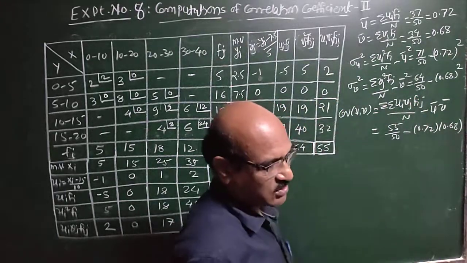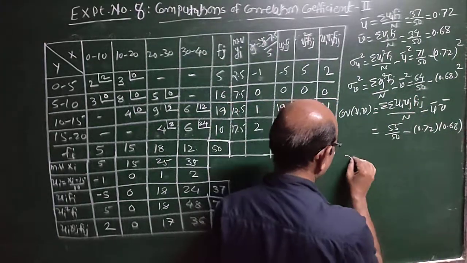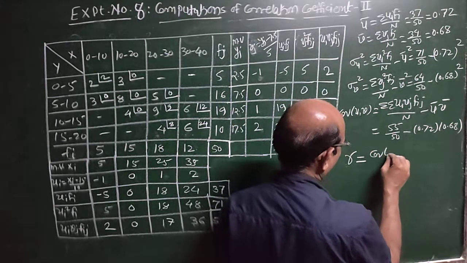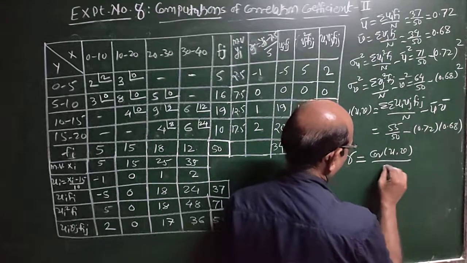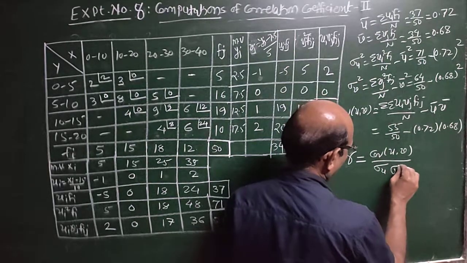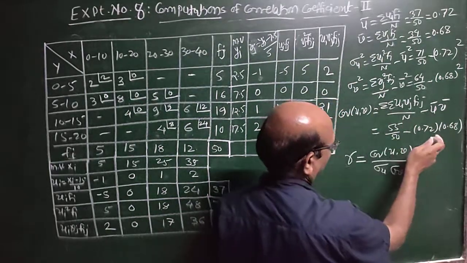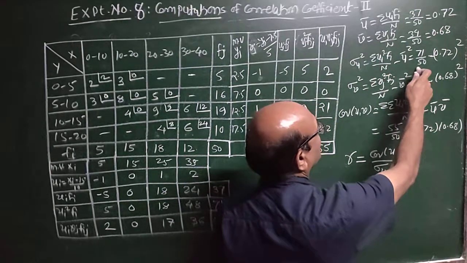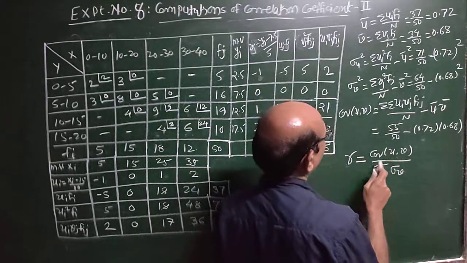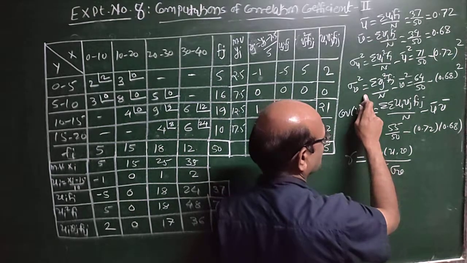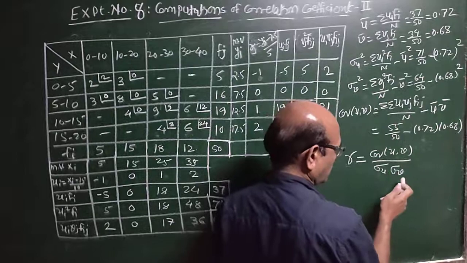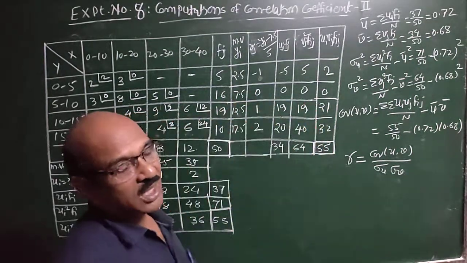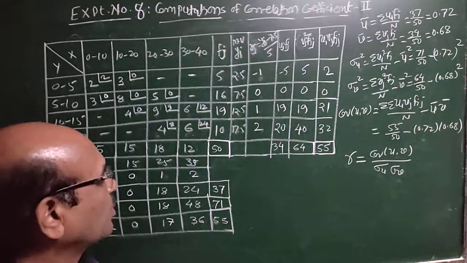Obtain all these values, and once you have them, you have to obtain r. r can be written as covariance between u and v divided by sigma u into sigma v. Whatever value you have got here, substitute here. Take its root and write it here, and also for sigma v square, obtain its square root and substitute here. You will get the answer for Pearson's correlation for the grouped data.